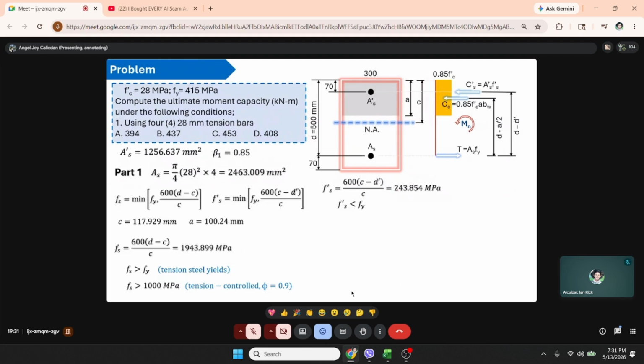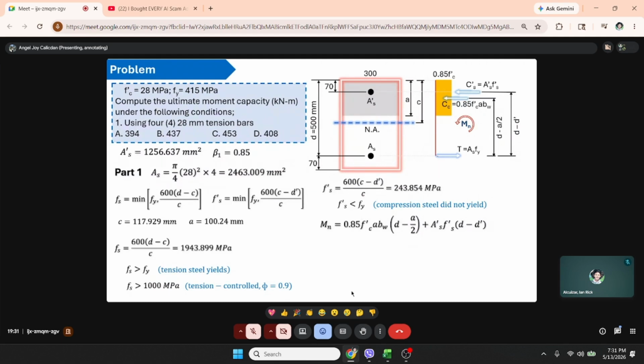And we get Fs prime is 243.854, which is less than sa Fy, therefore wala ni yield ang compression steel. And let's solve for Mn.